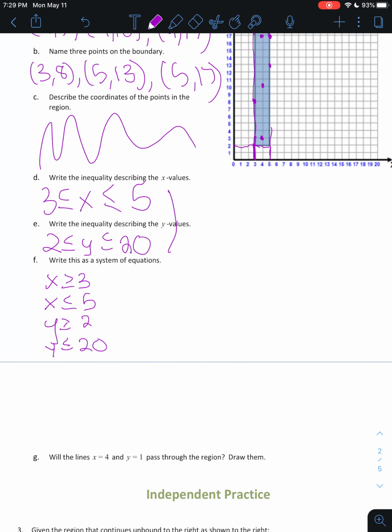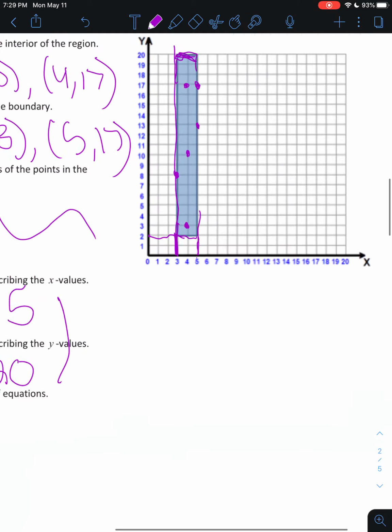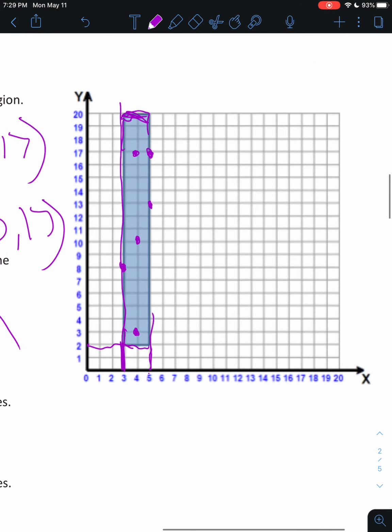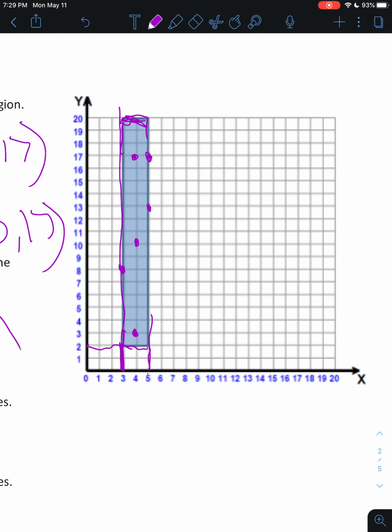So the last question for the notes is, will the lines x equals 4 and y equals 1 pass through the region? And it wants us to draw them. So first we're going to look at the line x equals 4. Again, this is our x-axis down there. So x equals 4 is here.